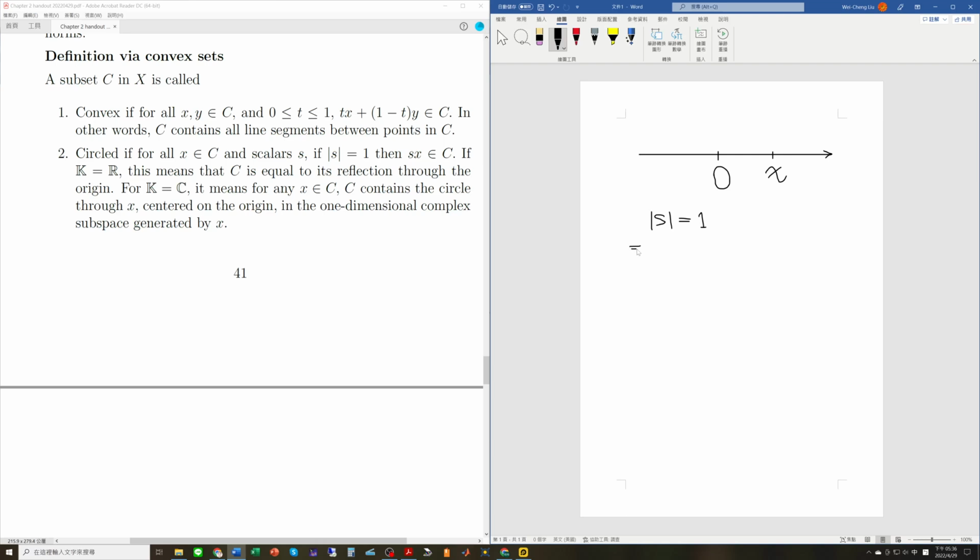So we know that s is equal to positive or negative 1.